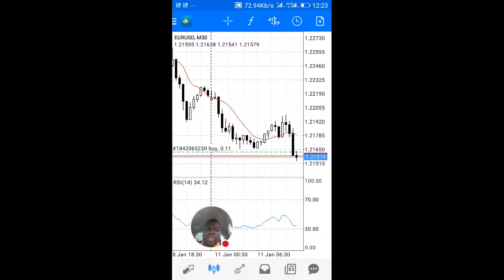So we are going to see a spike. It will be a spike movement from this point. And as it is now, with this candlestick, it is very difficult to decide either to place a buy or a sell. Very, very difficult to decide.